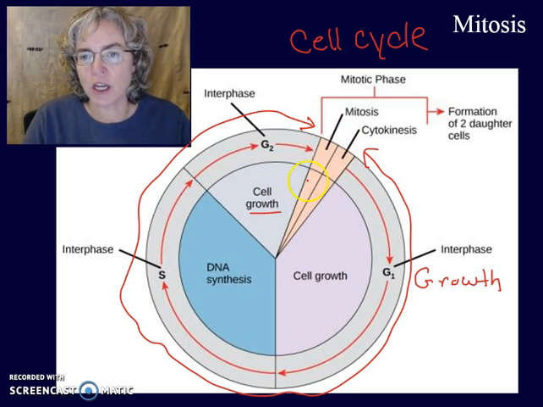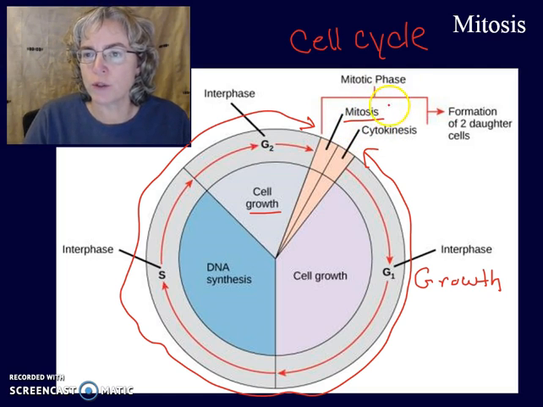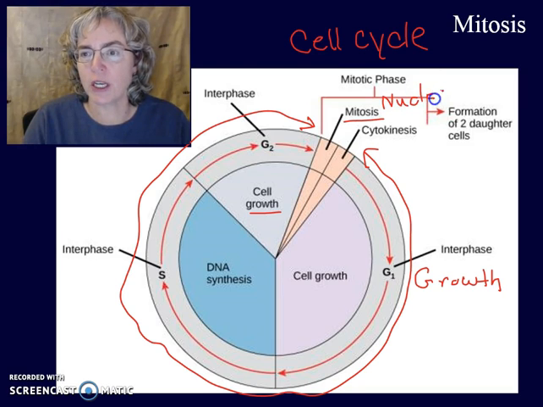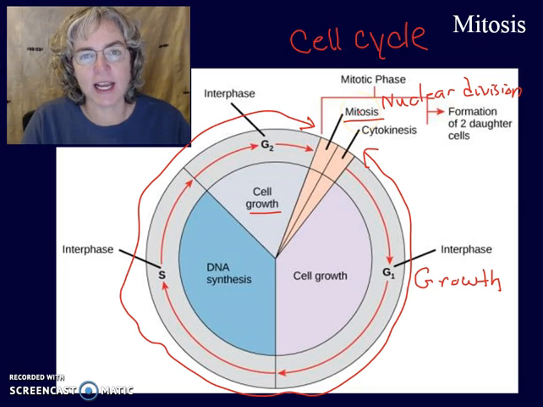And then just a small amount of this cell's life is mitosis. So mitosis, remember, is nuclear division. So this is when the nucleus is dividing and all the DNA is being shunted to two different cells.